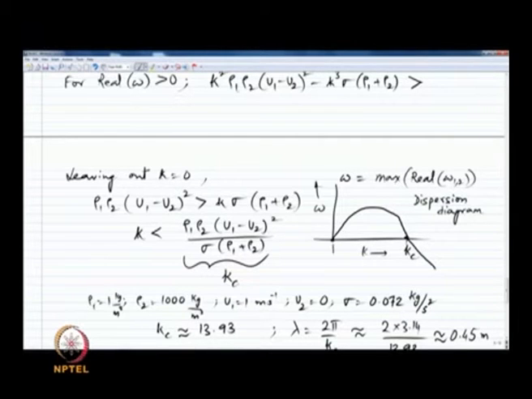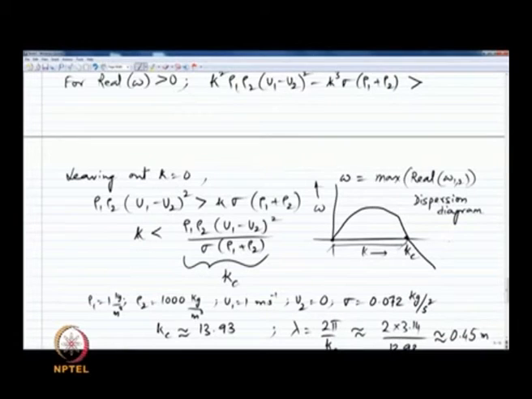So, there is a whole range of k values where the maximum part of real omega 1 comma 2 is greater than 0, which means all the waves associated with these wave numbers, if introduced to the interface, would grow exponentially.